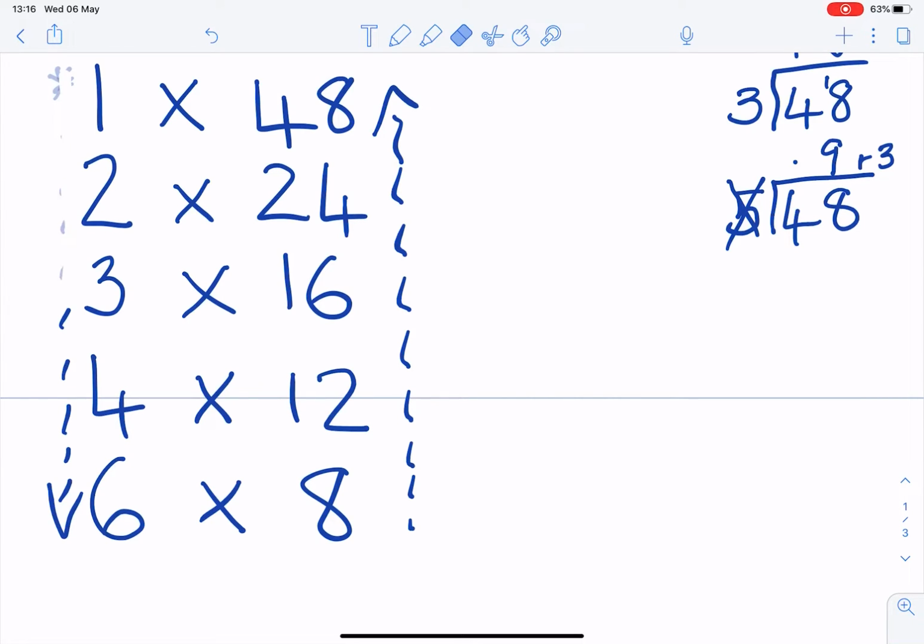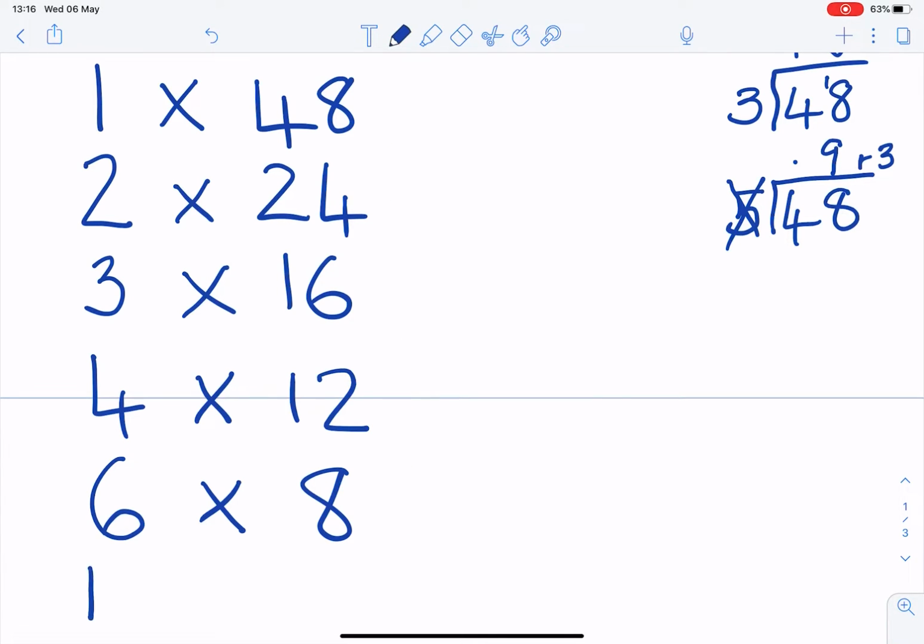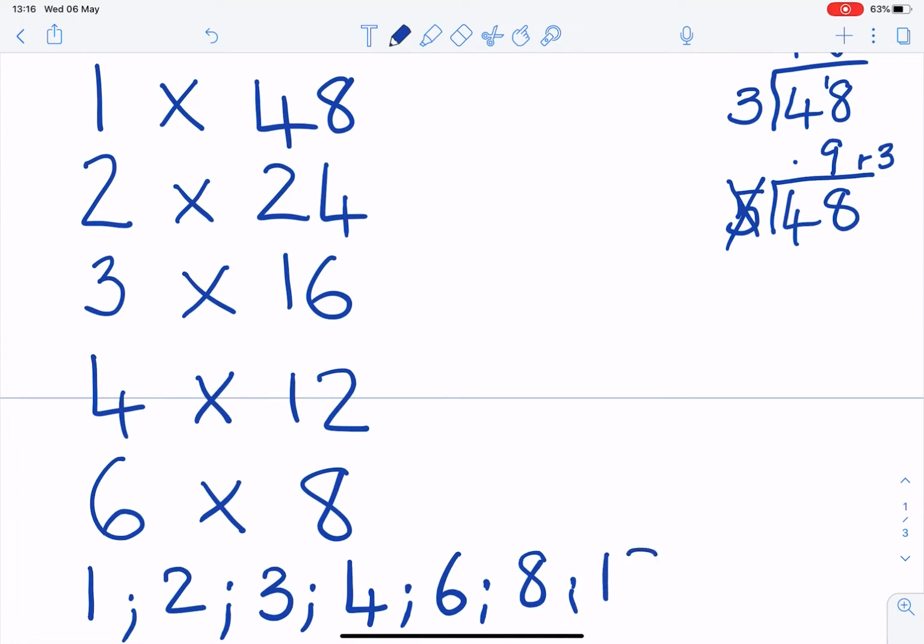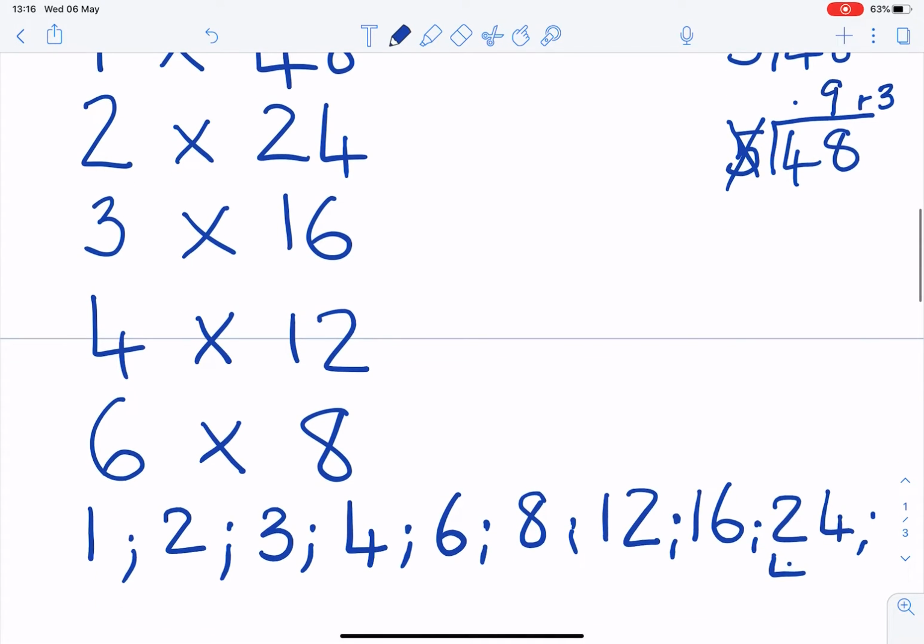Let's start at the top and work our way down. The first number is 1, then 2, 3, 4, 6, 8, 12, 16, 24, and 48. I couldn't squeeze that in.